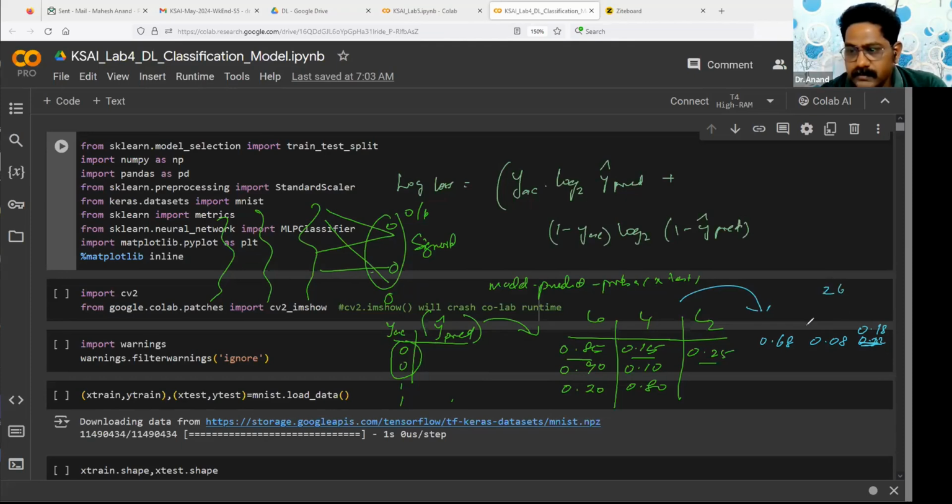So this is 2.6, so this should be somewhere around 0.74. Okay, 0.74, 0.08, 0.18. You can see now the total probability maintains 1.